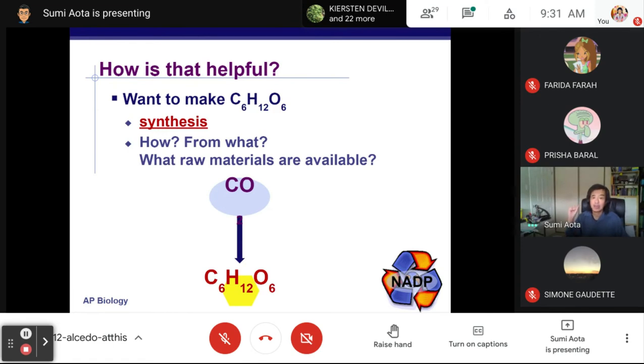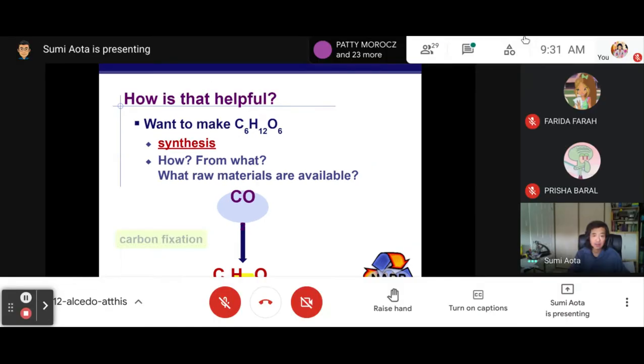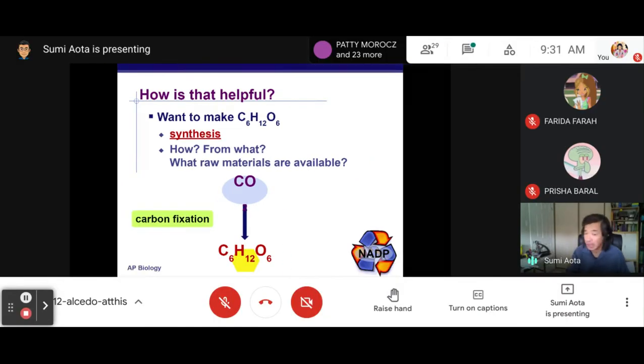We can then reduce that carbon dioxide back to carbohydrates using the reducing power of NADPH. Okay, this process of turning carbon dioxide into carbohydrates is called carbon fixation.